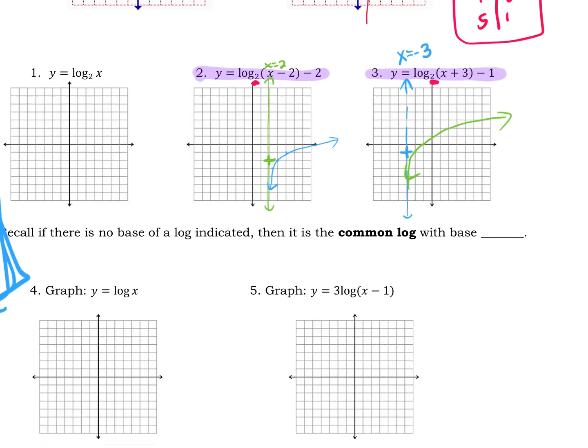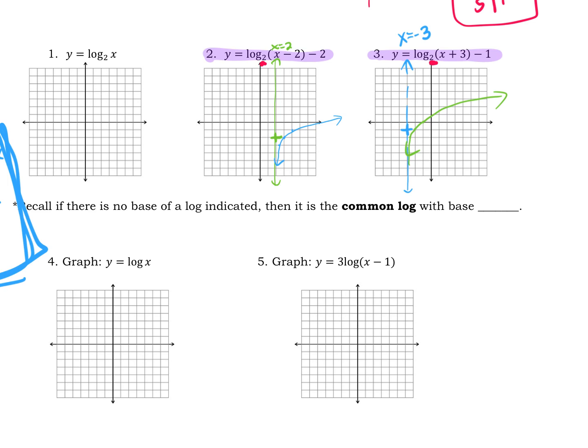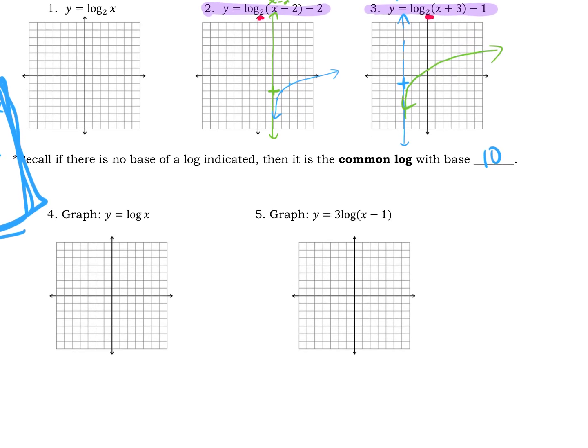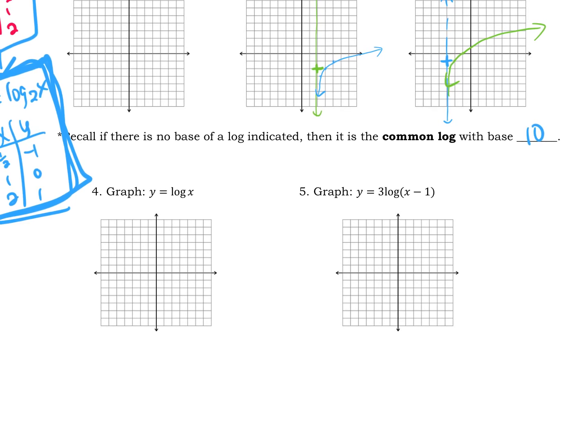All right, common log, what's the base understood to be? 10, because we are in a decimal number system. Good. So we're not going to graph either of these, but think about the fact that what you would start with is y is equal to 10 to the x, and you would do that table. And then you're going to switch to do your y equals log of x, and you're switching, right?